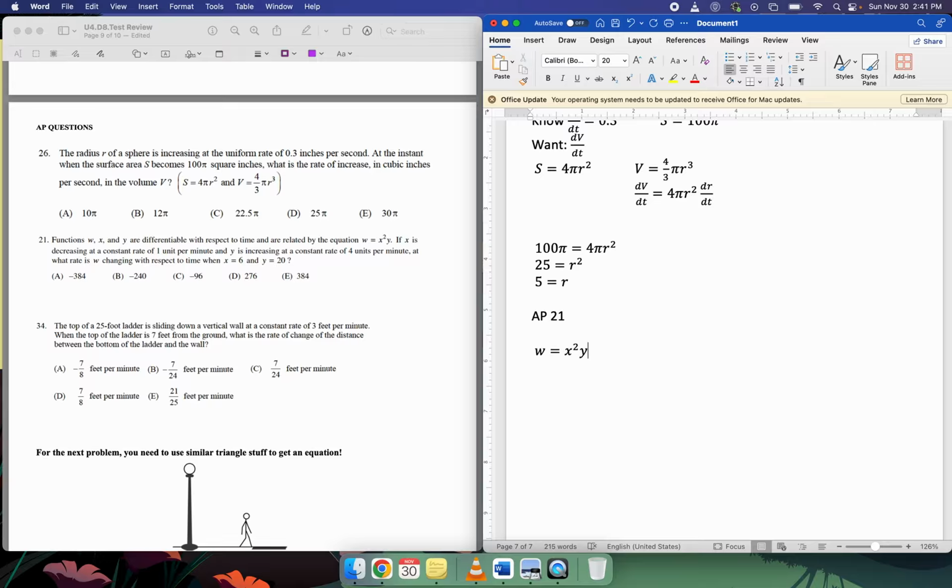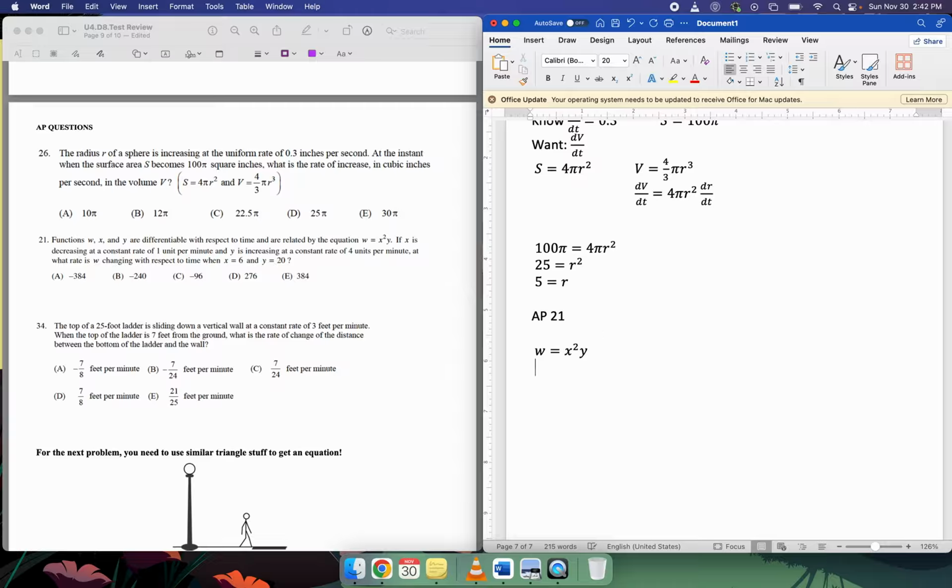It's a related rates problem that's been stripped down, because they just tell you that w, x, and y are all differentiable with respect to time. So they're telling you they are functions of time. And these three functions are related by this equation here. Careful, x is not the variable here. x is a function of time like w and y are.